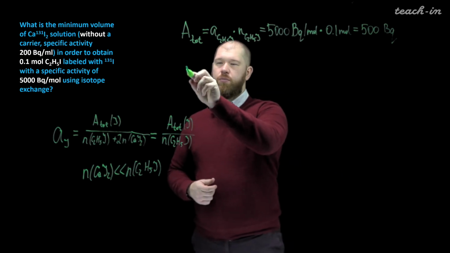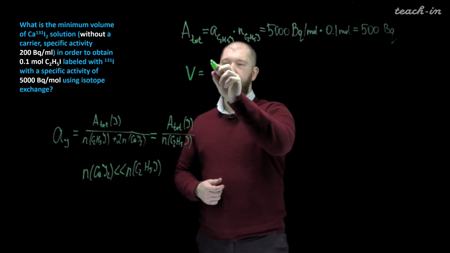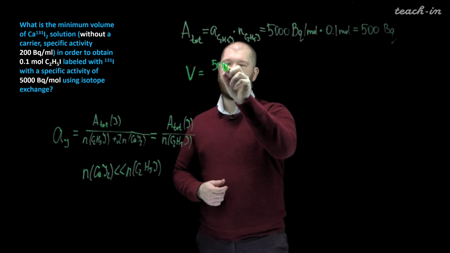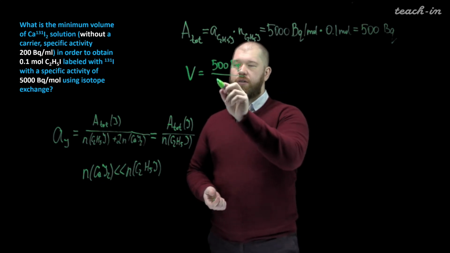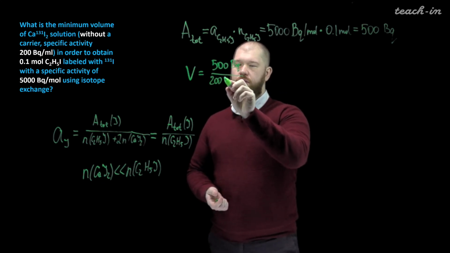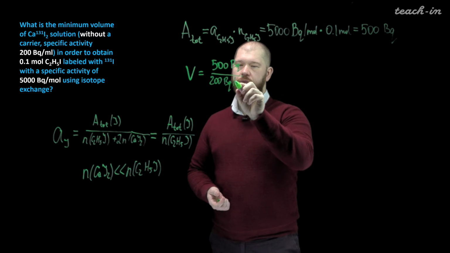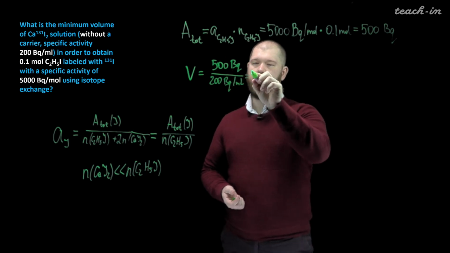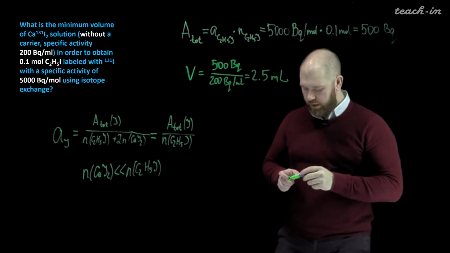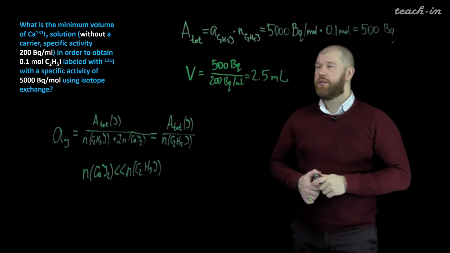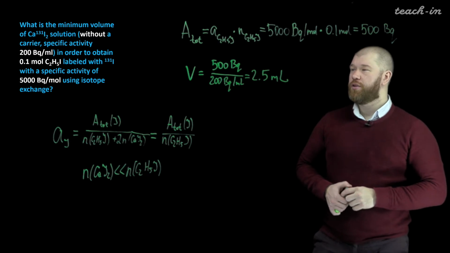So the volume will be calculated as 500 becquerels divided by the specific activity of our solution, 200 becquerels per milliliter. So it will be only 2.5 milliliters. And this is the answer to our question.